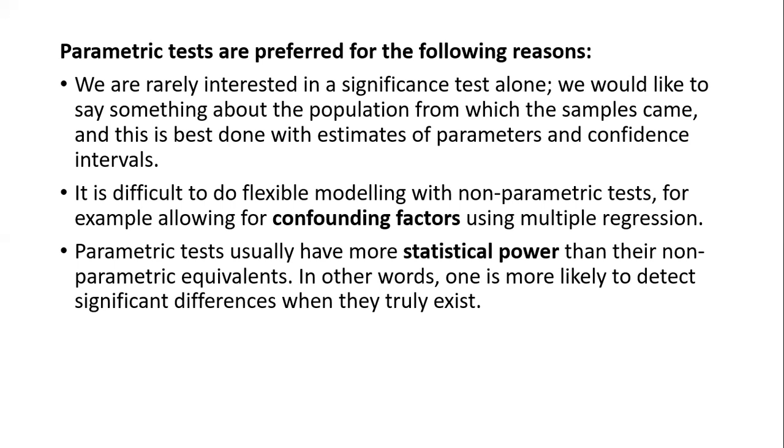Type 1 error is the probability of rejecting a null hypothesis which is true, and type 2 error is accepting a null hypothesis which is false. So basically, the parametric tests have a higher statistical power, so that if we reject the null hypothesis, we find that it was really right to reject it, and if we accept it, we find that it was really okay to accept it, unlike the non-parametric tests. Is that understood?